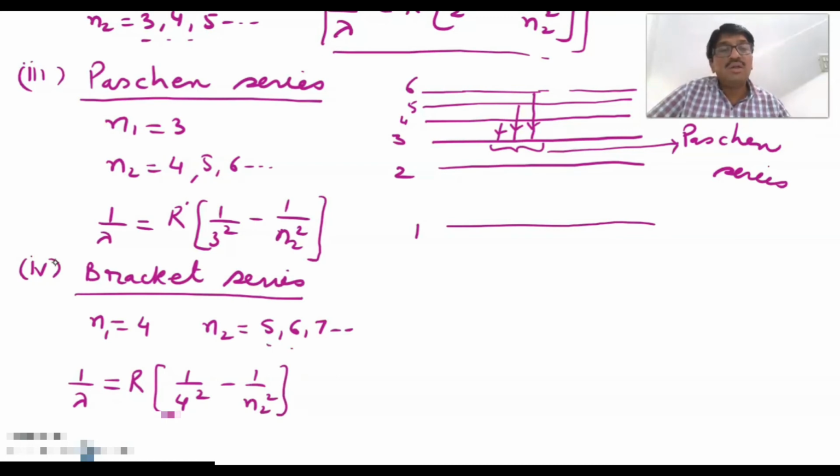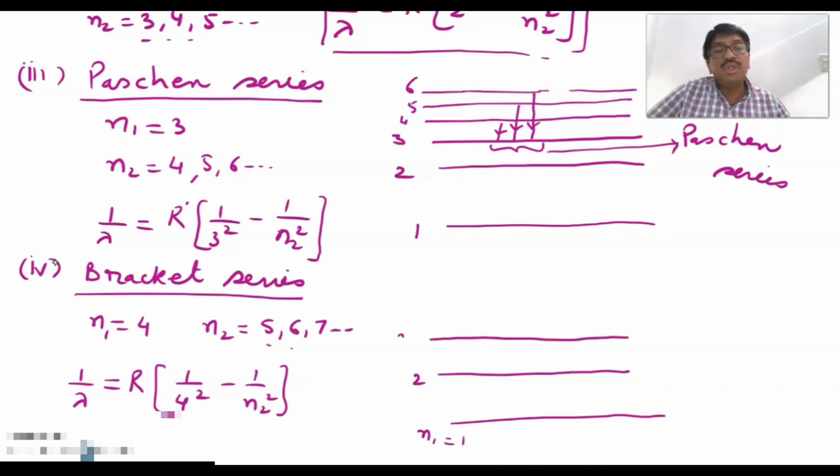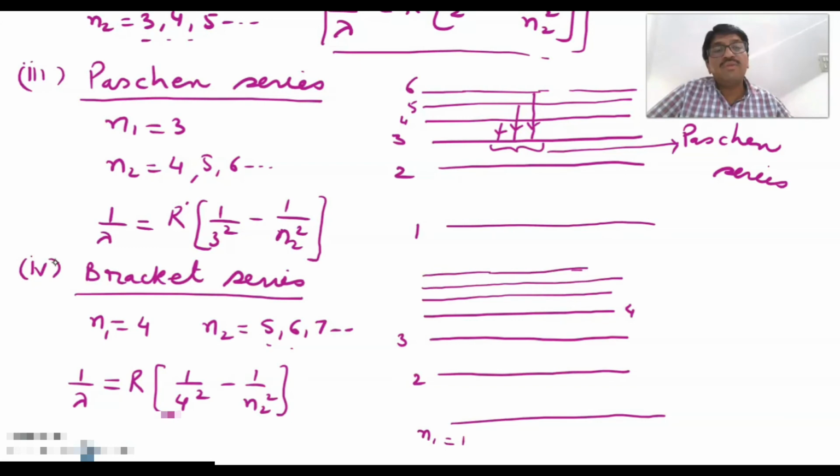And we can draw this. Here N1 is 1, 2, 3, 4, 5, 6, 7.